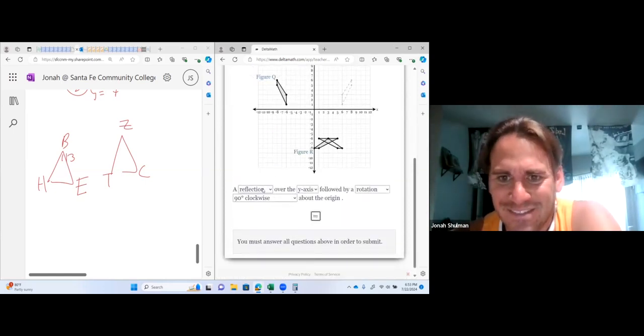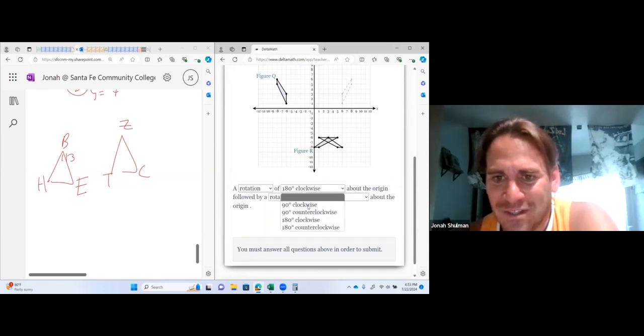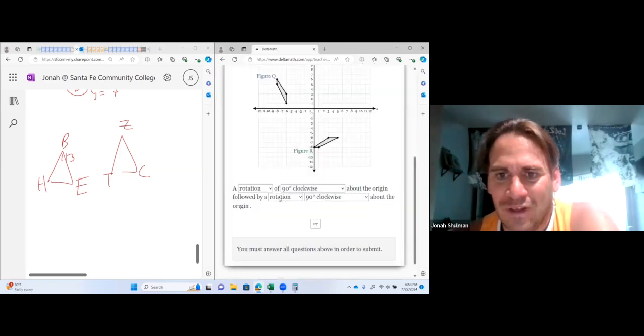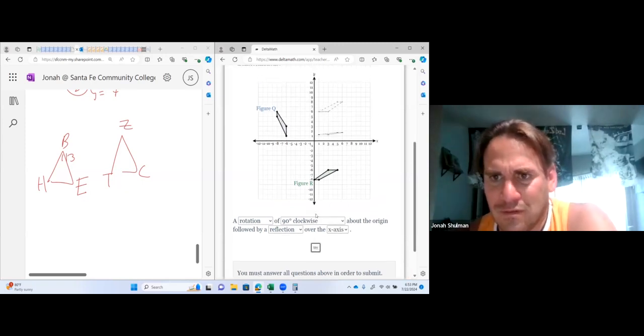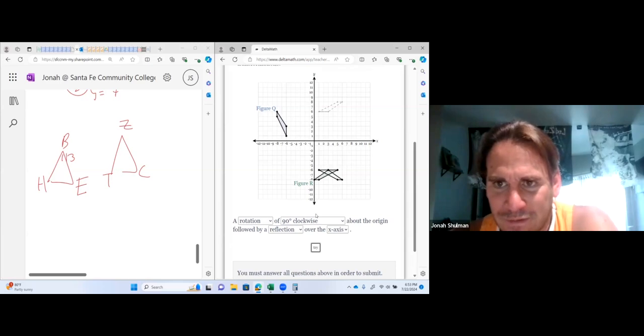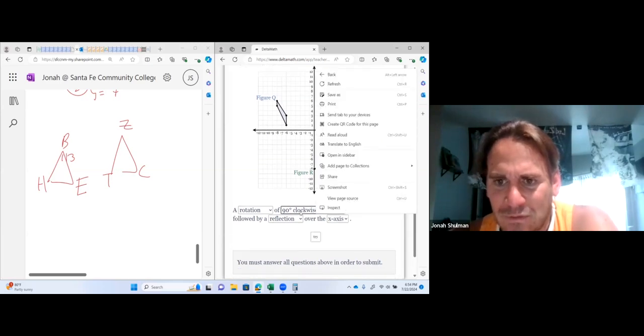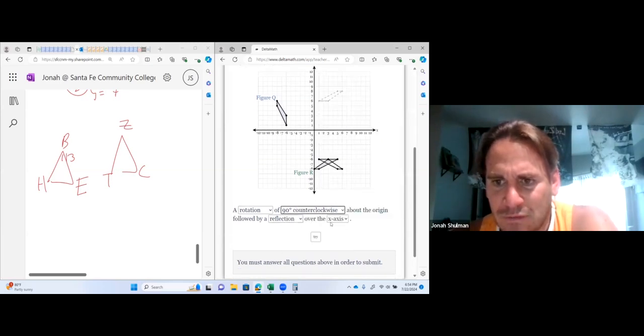All right, so let's do the rotation first. Rotation of 90 degrees, followed by a reflection over the x. Let's see what that gives us. Let's do this way and let's try it over the y. Will that give it to us?